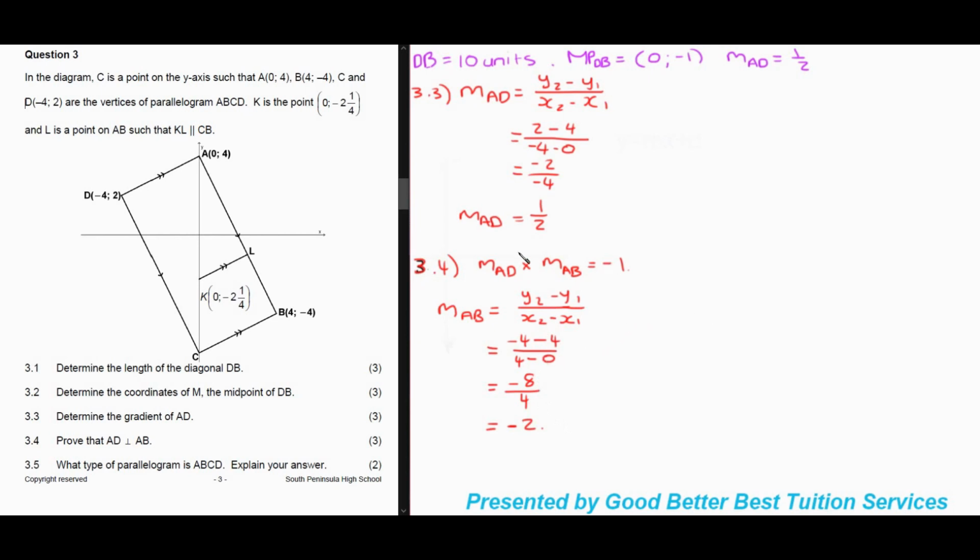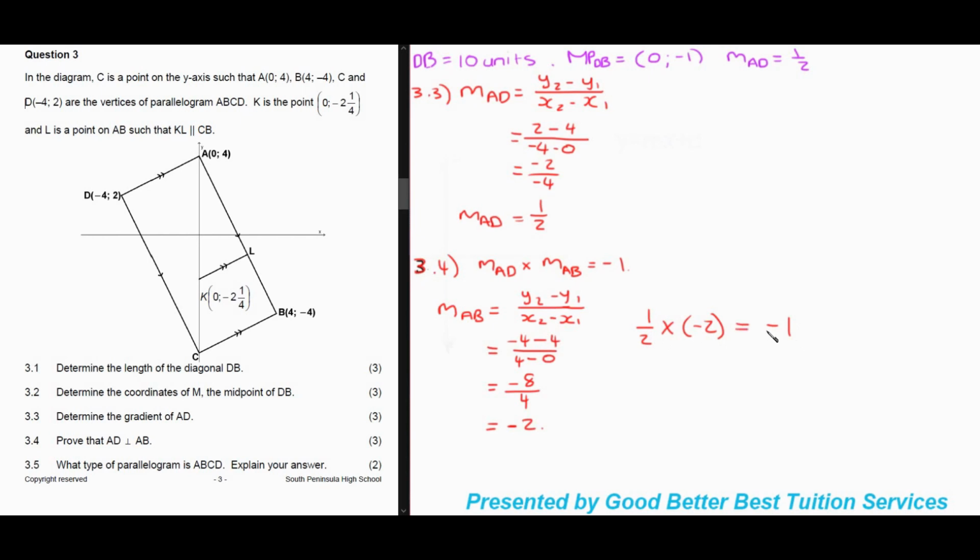So now what we have to do is just rewrite this formula, but with the values substituted in. So remember, our gradient of AD was a half. So let's just write this over again. So it's going to be a half times our new gradient that we found now, which was minus 2. So remember we want it to equal negative 1, right? If I times a half by negative 2, that will give me an answer of negative 1.